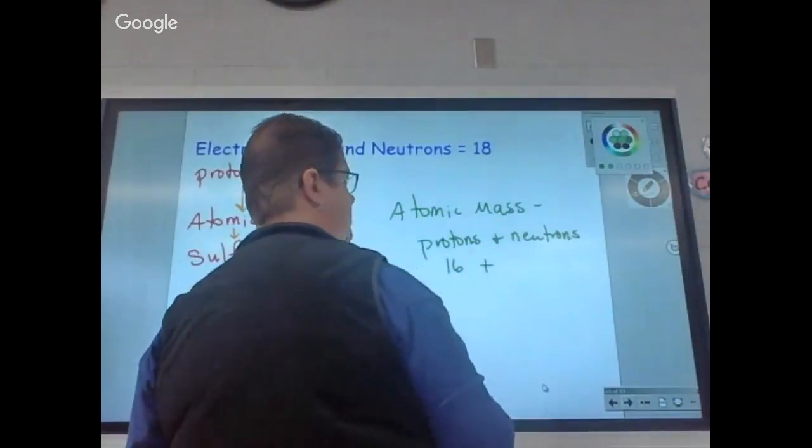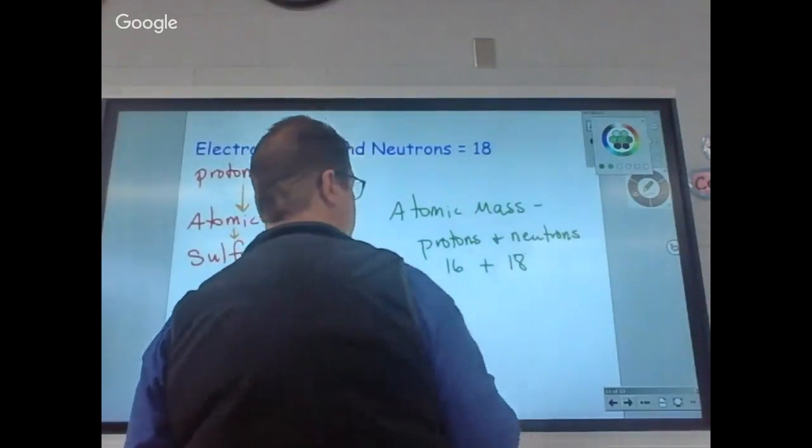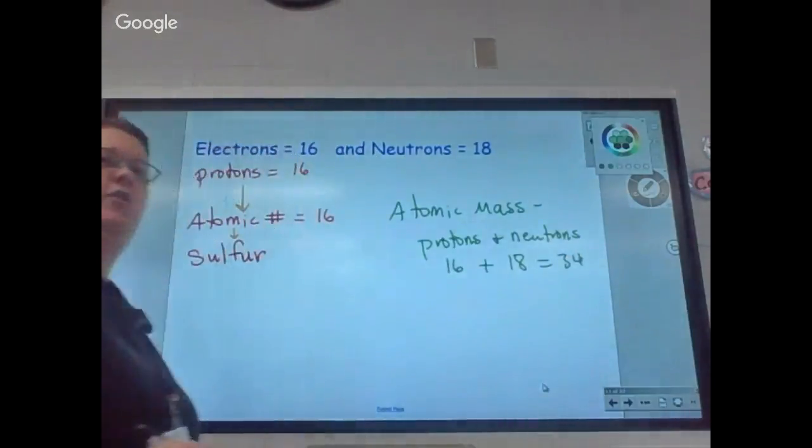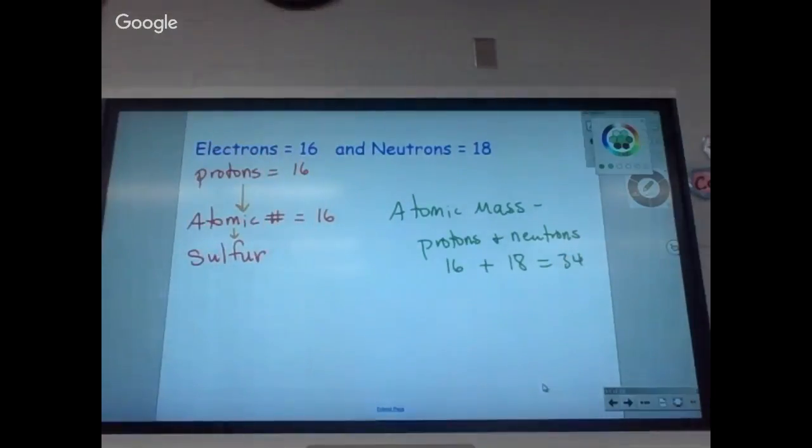Plus, how many neutrons? 18. Okay? We're going to talk about this. It's called an isotope. They're not always going to match. What is the number I told you had to match? The atomic number has to match. The atomic mass does not have to match. And it's not going to always match.